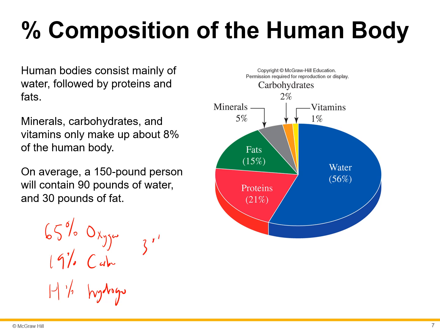About 3% nitrogen. And then the rest, other elements from the metal side, so the left side of the periodic table, like calcium, potassium, sodium, and also some non-metals like phosphorus too. So these go hand in hand.